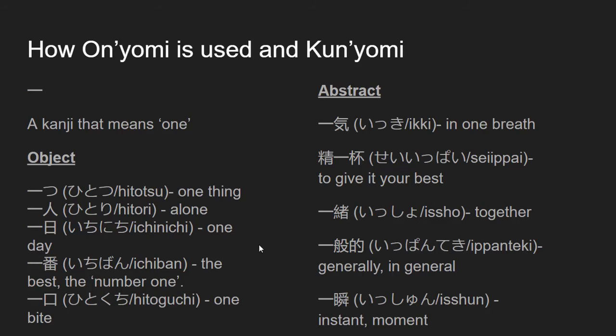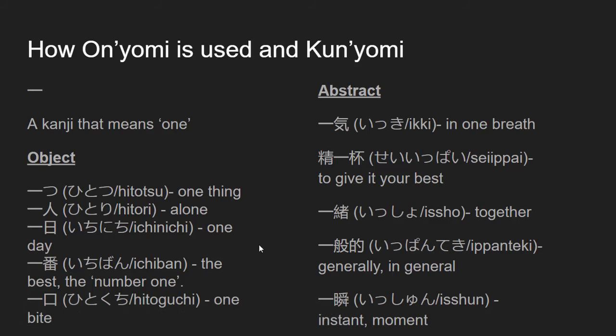And this is interesting. I chose one as a particular kanji for a reason, because it not only represents objects like one thing, one person, one day, it represents abstract concepts such as the best, which is literally number one, ichiban.